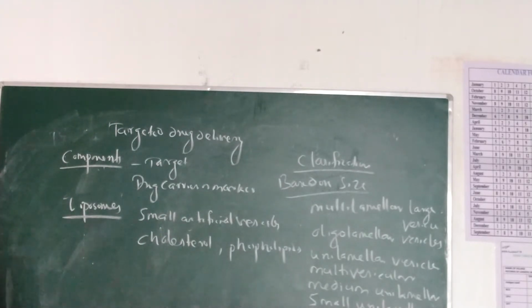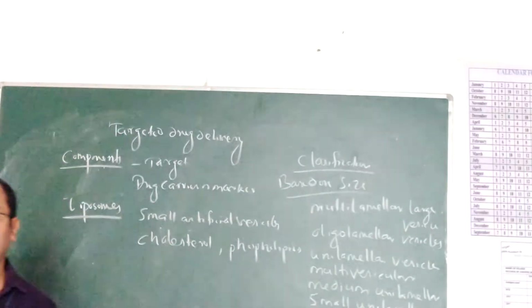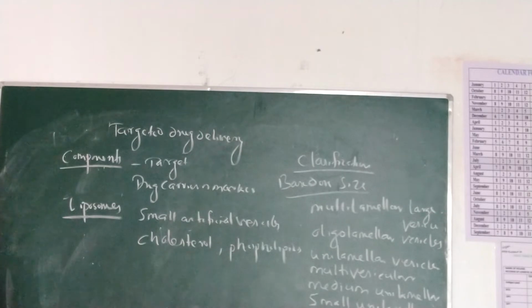And like that, there are many disadvantages we will see also, like immunoreactions against the intravenously administered carrier system, difficulty in maintaining the stability of the dosage form, instability or insufficient localization of the targeted systems, and diffusion and redistribution of the released drug. So these are the different types of disadvantages we will see.